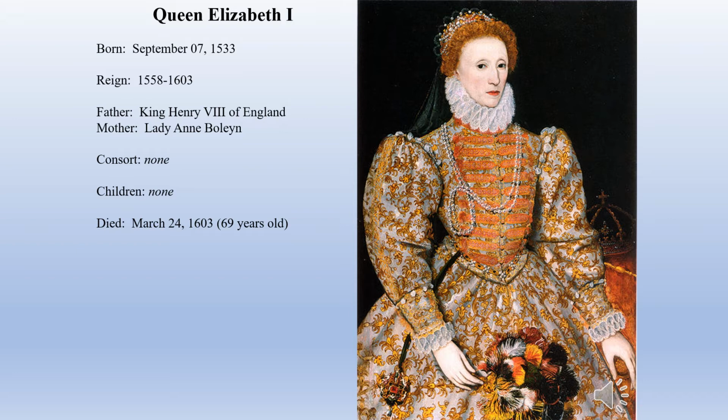As I said, she was the daughter of Anne Boleyn, so she was the second eldest child of King Henry VIII. She herself will never get married. She will never have any children. And part of this is because of the trauma that she will have as a child.